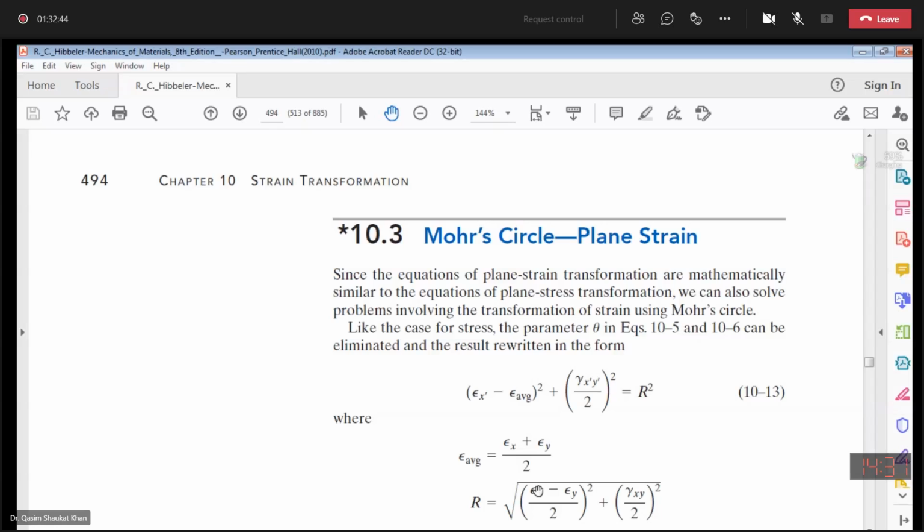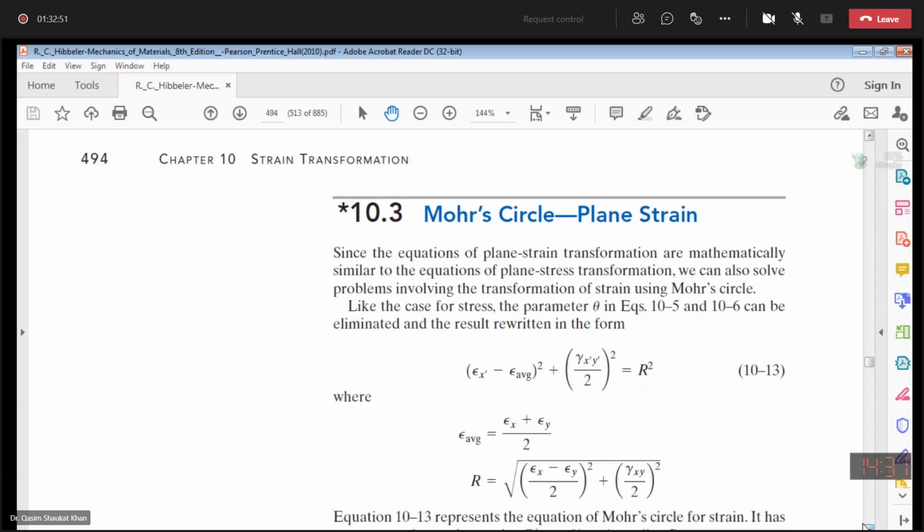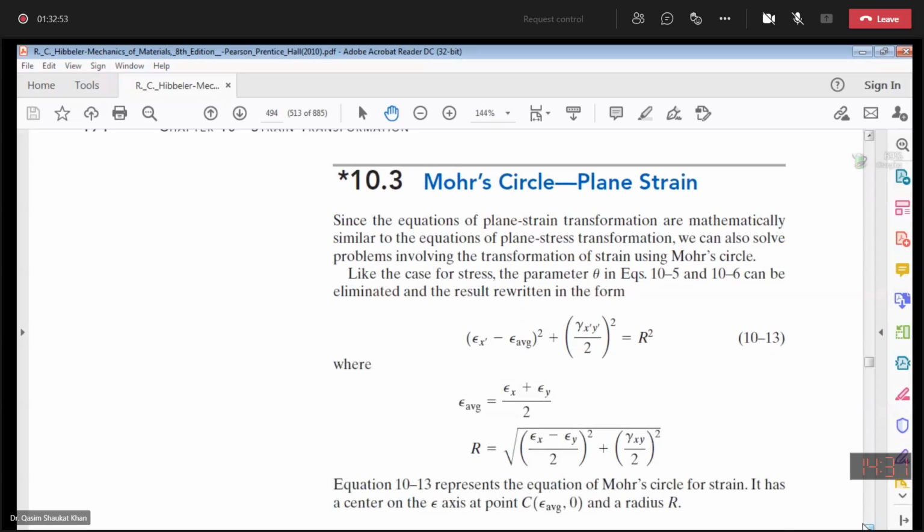Equation 10.13, if you recall, in the plane stress case you have sigma x' minus sigma average square plus tau x'y' square equal to r square.